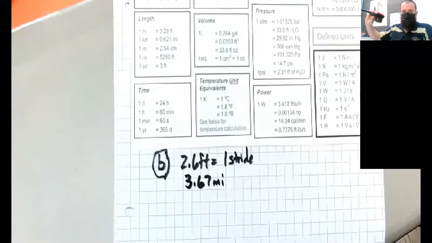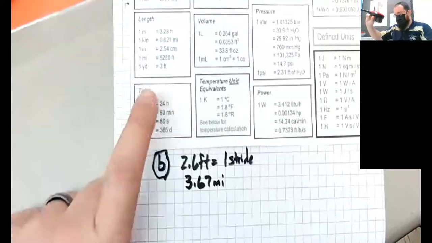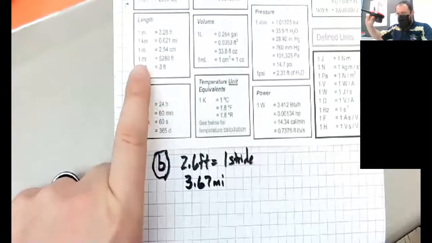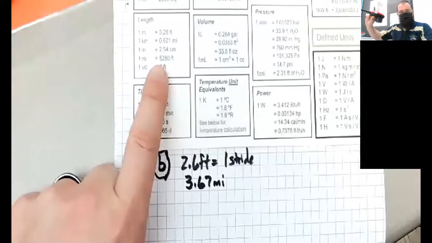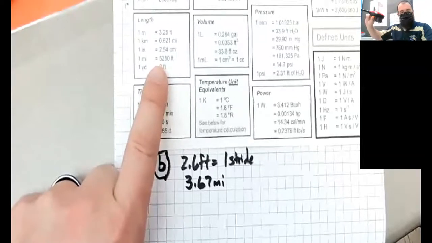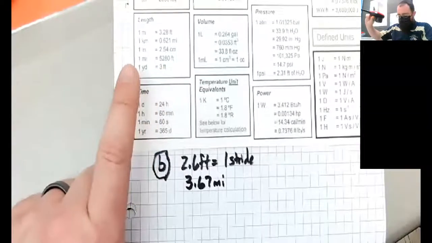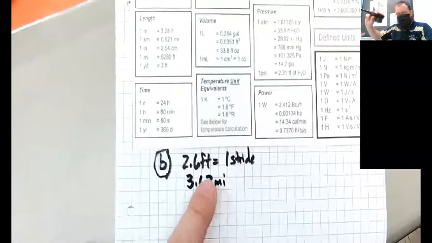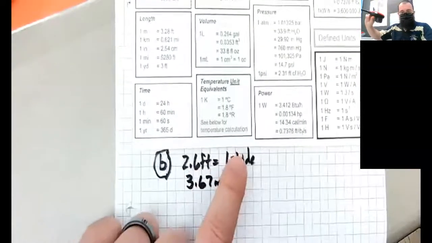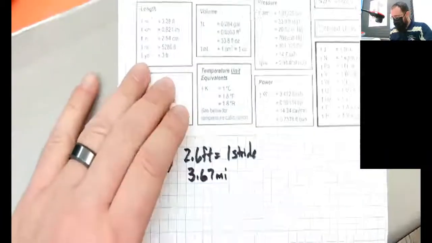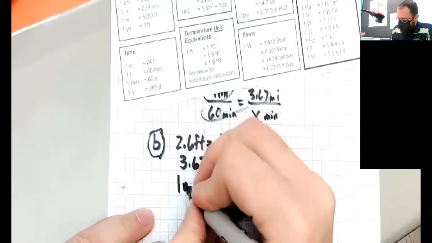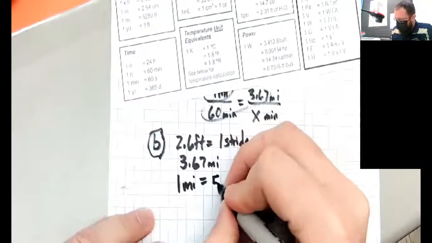Every mile is 5,280 feet. I need to know how those units are connected so that I can go from miles to feet to relate to the strides. So I'll write that down, 1 mile, since it's kind of hard to see on that paper.